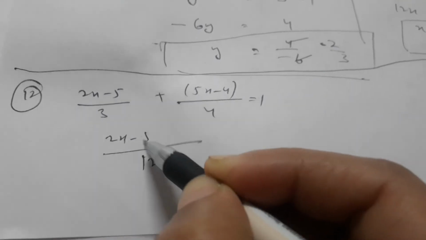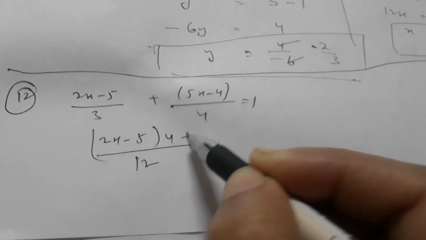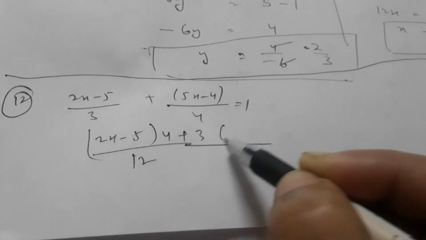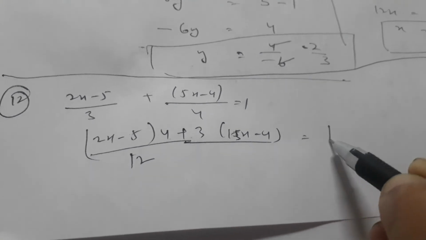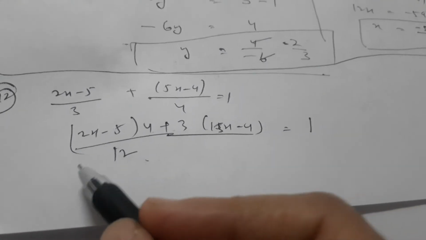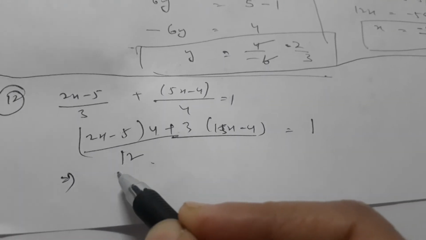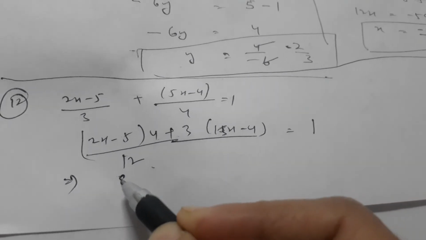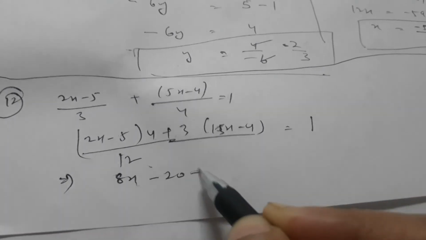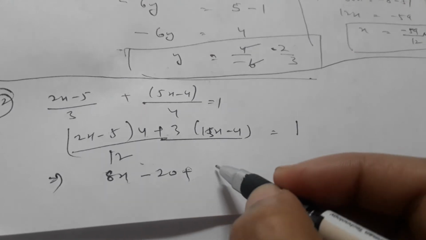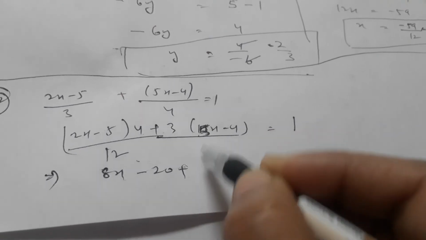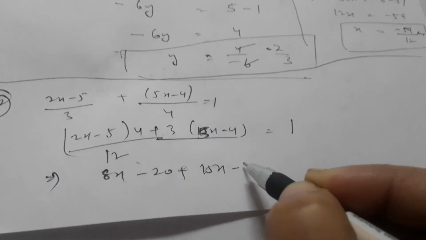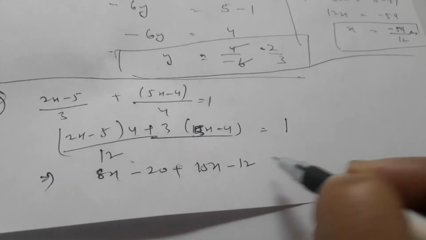So 2x minus 5 will be multiplied by 4, plus 3 will be multiplied by 5x minus 4, equal to 1. So here it will be coming out as 4 twos are 8x minus 20 plus 3 fives are 15x minus 3 fours are 12.